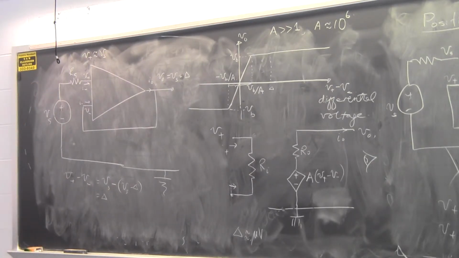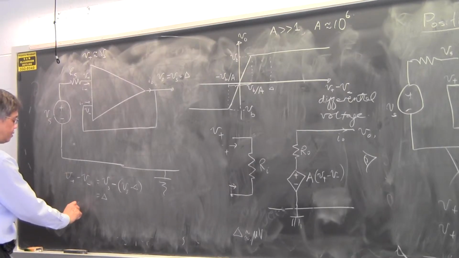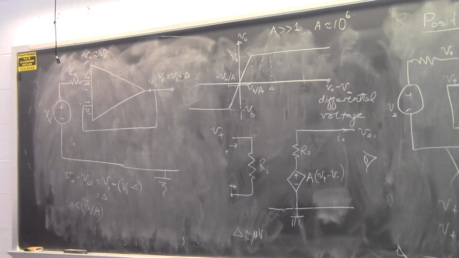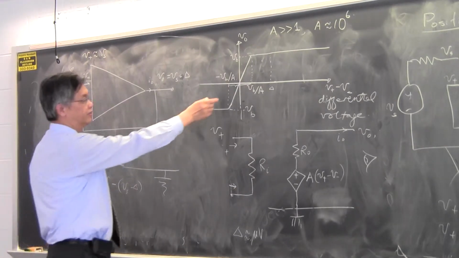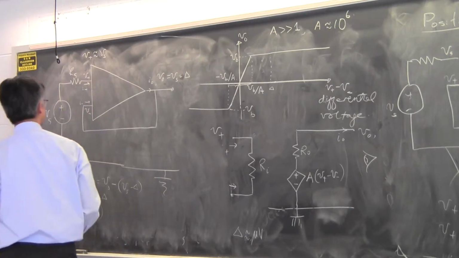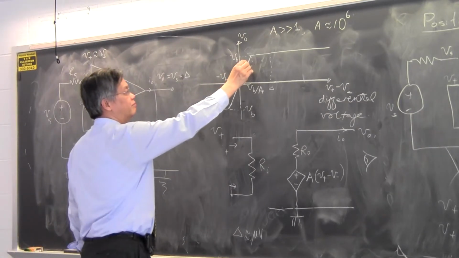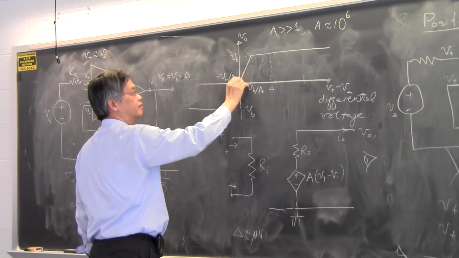It's a positive number. And if we make sure that delta is small, if delta is smaller than VB over A, then we are in this linear range. We operate in this linear range, and in this linear range, the V out can be any value from 0 to VB.